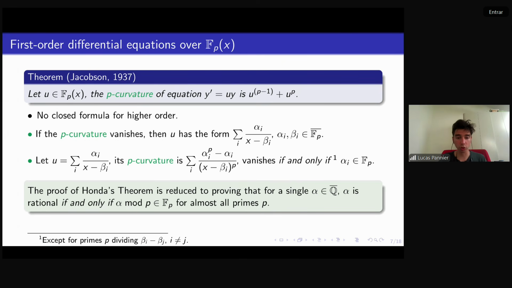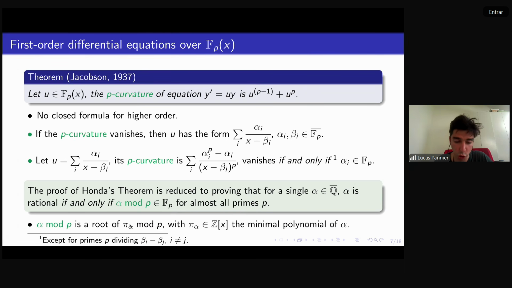And so we have reduced Honda's theorem to proving that for a single alpha algebraic over Q, it is rational if and only if, modulo almost all primes, it lies in Fp. What we call here alpha mod p is a root of the reduction modulo p of the minimal polynomial of alpha. In practice, in what follows, we will only consider all roots of a polynomial at a time and not a single root, but this won't be a problem.